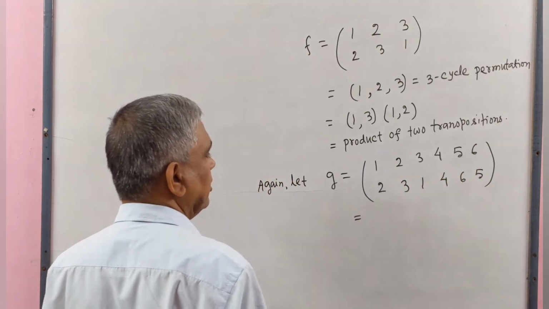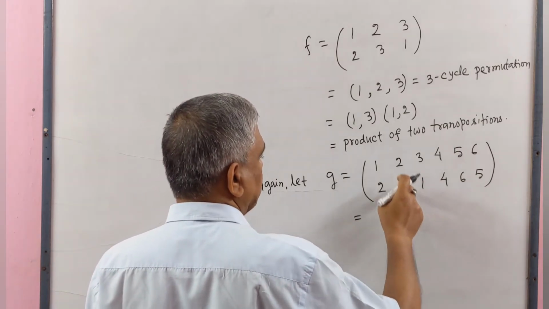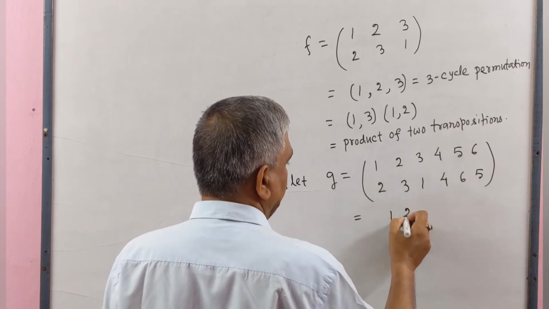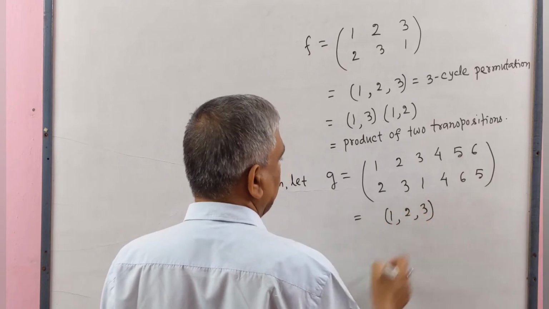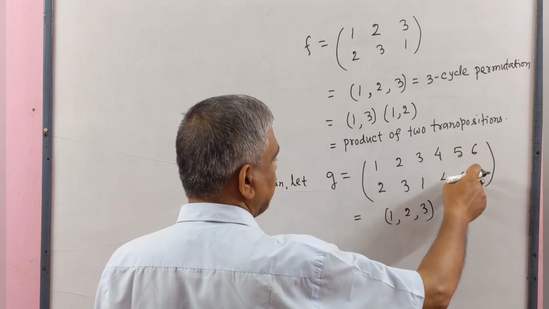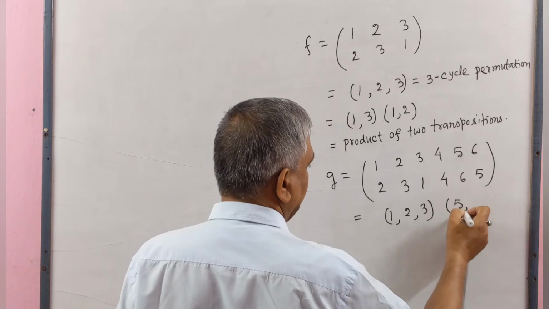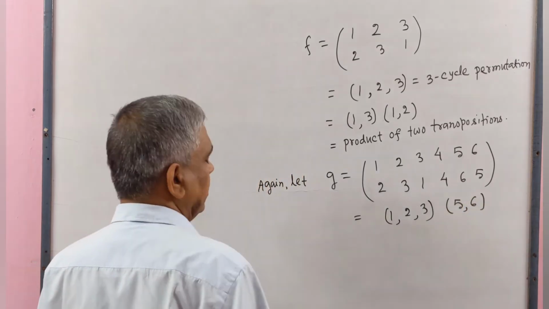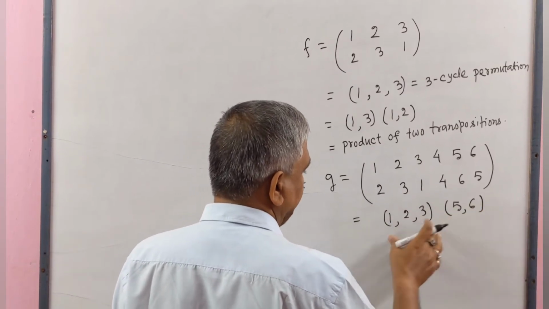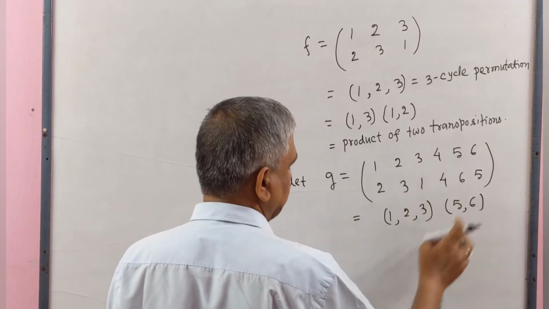Here we get 1 to 2, 2 to 3, 3 to 1. That means (1 2 3), a 3 cycle. Here image of 4 is 4, image of 5 is 6 and image of 6 is 5. Here (5 6) is a cycle. Therefore g is the product of 2 cycles. First cycle is (1 2 3) and second cycle is (5 6).